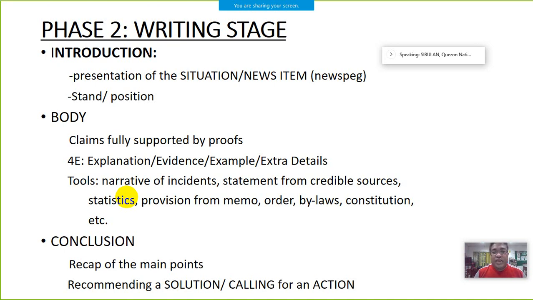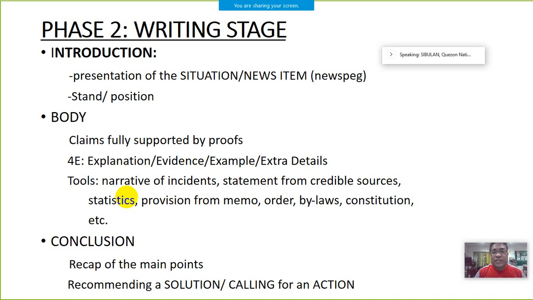And then we have to inject our stand or our position on that particular situation. So we call it a news peg: the issue or the situation presented in the news plus the position. Then we have the body. We have to deliver our claims, and our claims must be fully supported by facts or proofs.